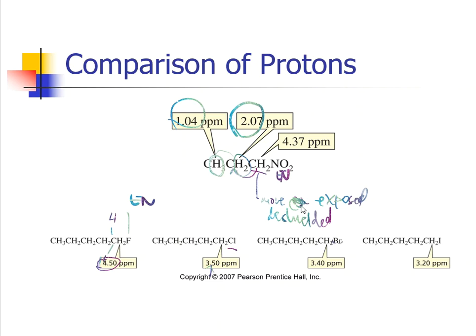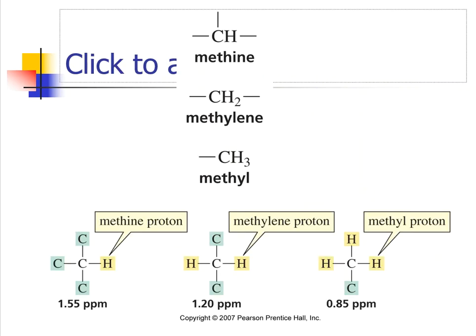Bromine's even less electronegative, the ppm went down. Iodine's less electronegative, the ppm went down. So you are seeing a very strong tie here between electronegativity values and the way that it basically exposes the protons that are neighbors to that particular carbon.